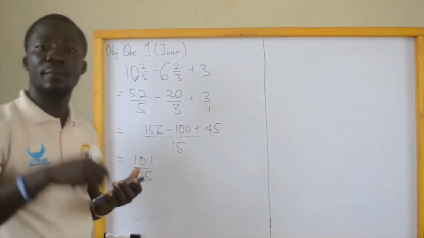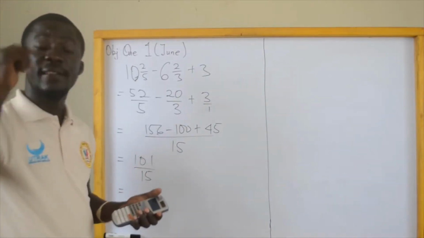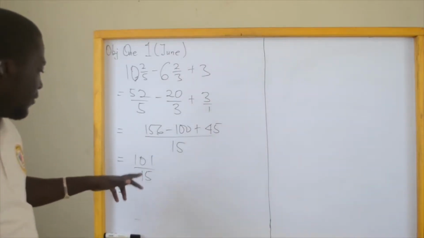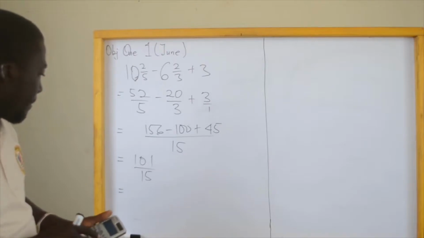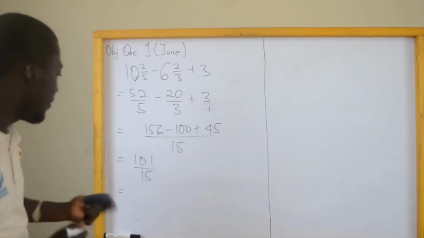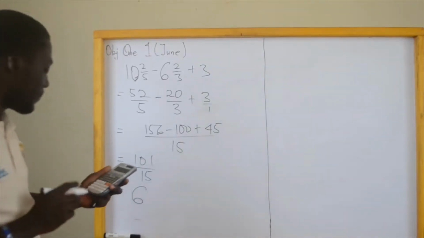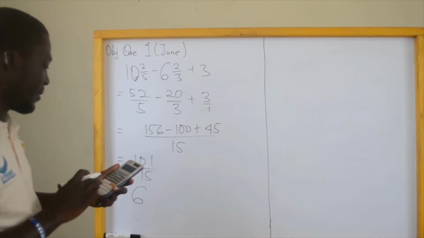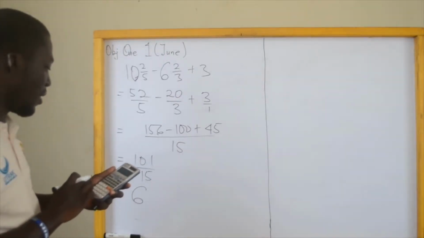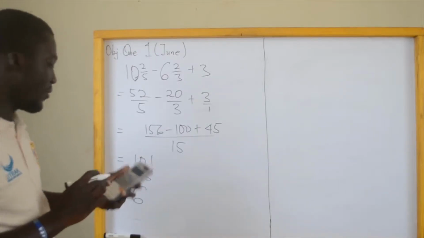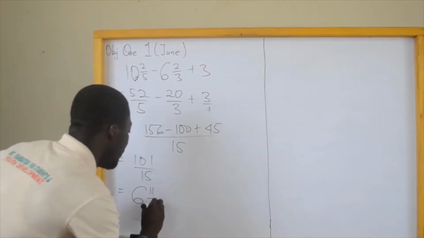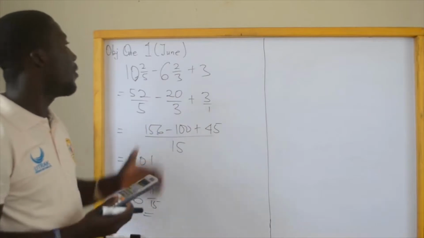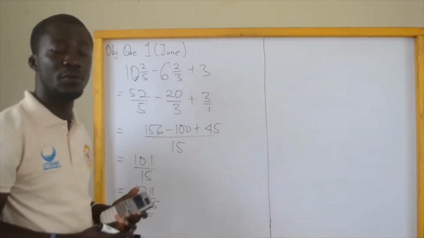This is an improper fraction, so we can convert it to a mixed fraction. 15 goes into 101, let me take 6, so 6 whole number. 15 times 6 is going to give us 90. So 101 minus 90 is going to give us 11. So 6 whole number 11 over 15 will be our answer for objective question 1, which came in June.